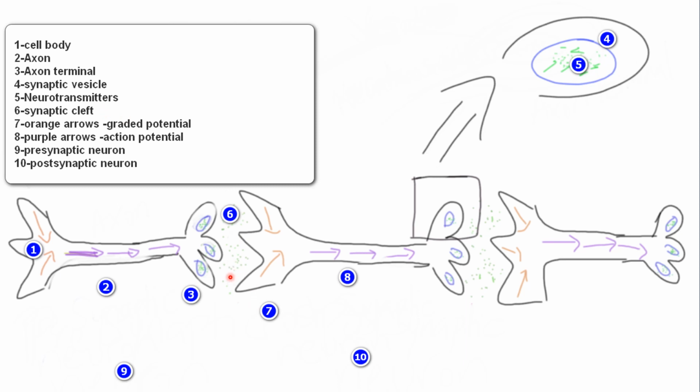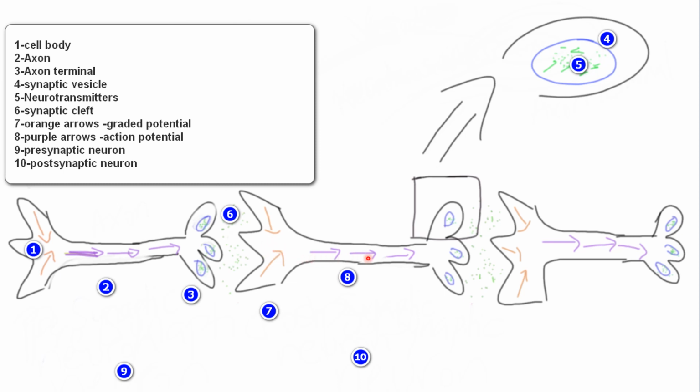Once the neurotransmitters are released in the synaptic cleft, those neurotransmitters are going to bind to the dendrites of the neuron that's found right here, and another electrical impulse is going to be triggered, and the electrical impulse, one more time, that graded potential, is going to run to the cell body.